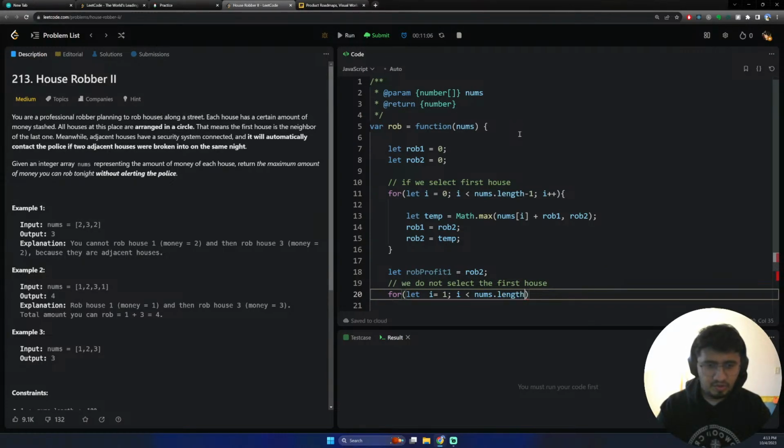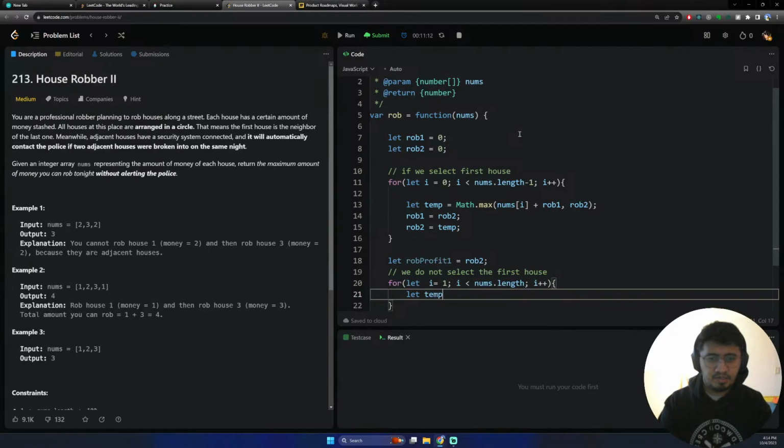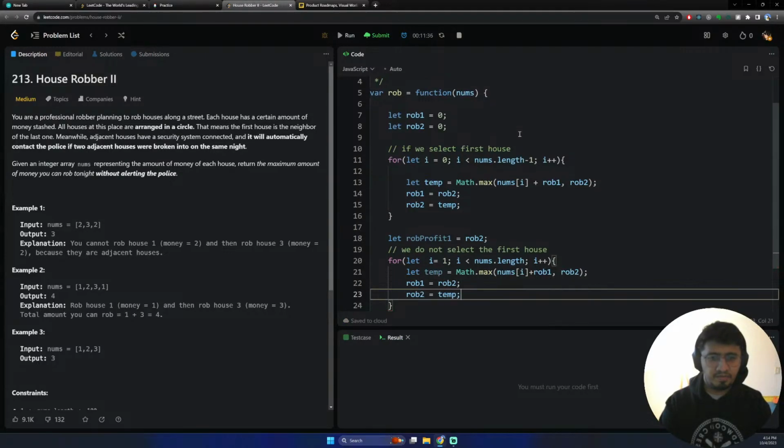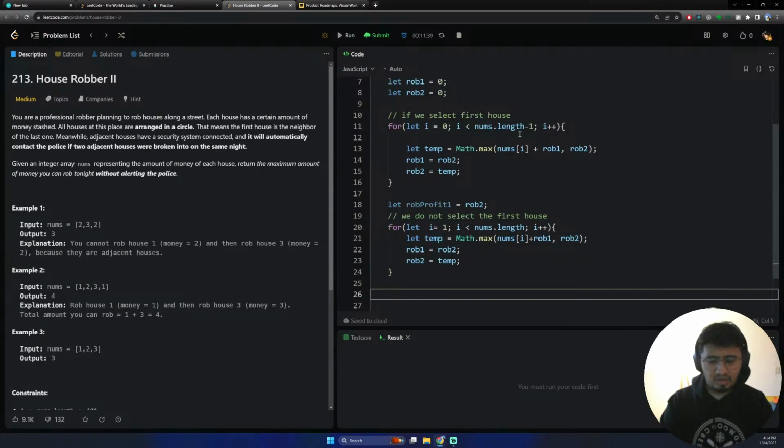So at this point we do not do the minus 1, and then let temp is equal to Math.max of nums of i plus rob1, rob2, then rob1 is equal to rob2 and rob2 is equal to temp, and then finally we need to return Math.max of rob2 and rob profit 1.